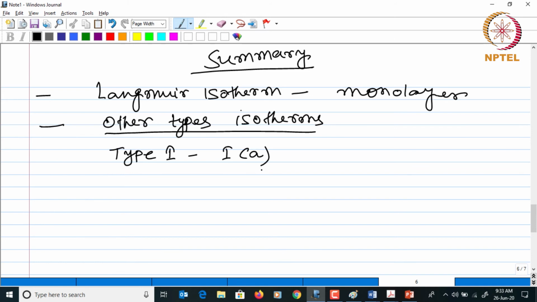The second category of type 1, that is 1A, is typical for solids which contain both wider micropores and narrow mesopores of less than about 2.5 nanometer.